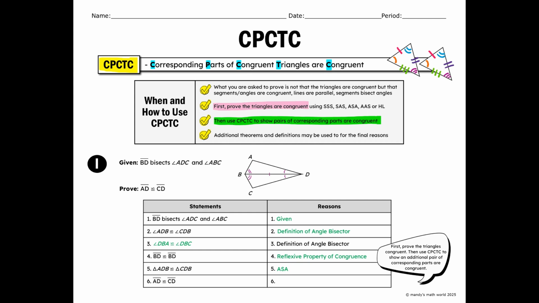So now that we've proven that these two triangles are congruent, we know that all the corresponding sides and angles are congruent. So we can then conclude that segment AD is congruent to segment CD by CPCTC. Corresponding parts of congruent triangles are congruent, and we've proven these triangles are congruent.